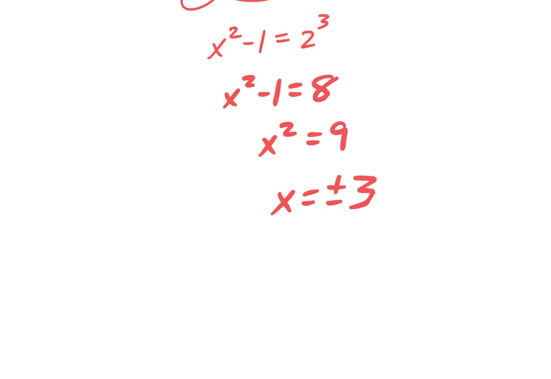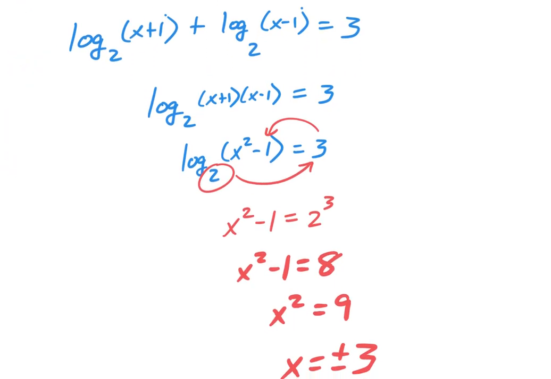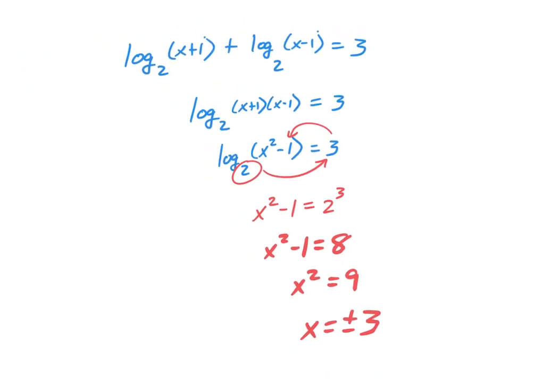Now here's where we're going to have to be careful, okay? As I go back to my original equation, especially when we have a log equation like this, we're going to have to check our answer, okay? When I take a positive 3 and plug it in here, 3 plus 1 is 4, 3 minus 1 is 2, okay?